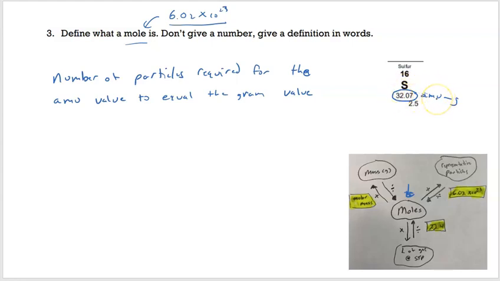Exceptionally small. We could not detect that with even our best balances. If I have this many particles of sulfur, that many atoms of sulfur, I would in fact have 32.07 grams of sulfur. So that's what a mole is.